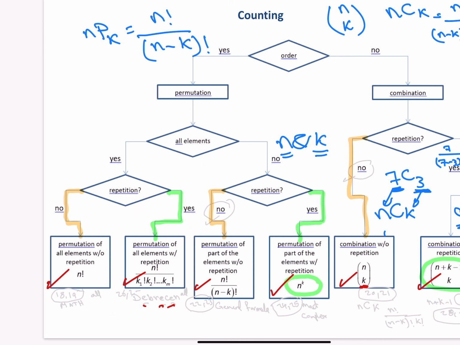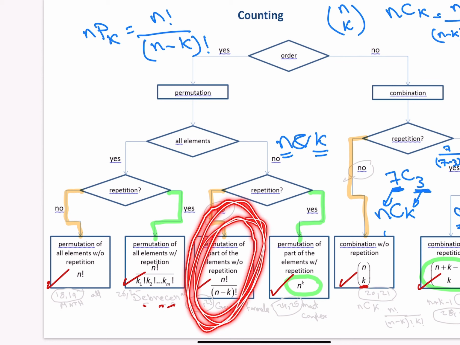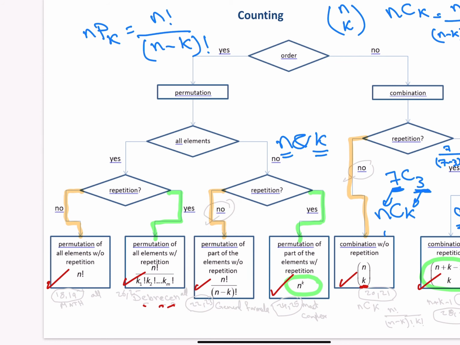If we are picking only some of the elements, we'll have the general formula for permutation, which can be used for any type of permutation. And we also have the special case when we are not using all the elements and at the same time we have repetition, which is n to the power k. The same goes for combination, and we have to remember the combination law. And if we have combination with repetition, how do we know it is combination? The order doesn't matter, and it will be mentioned in the question itself.